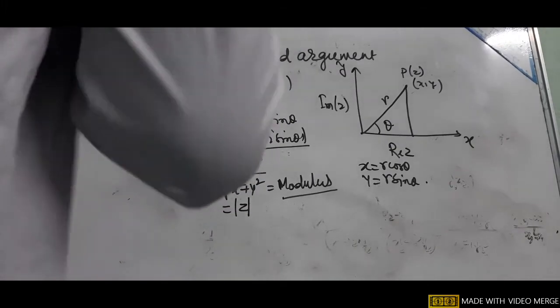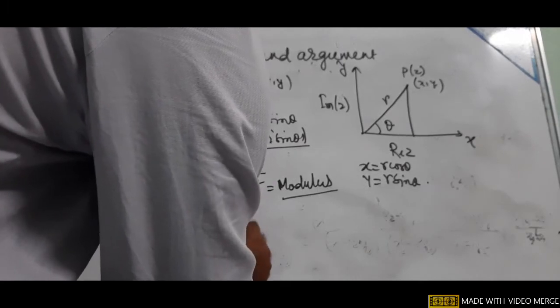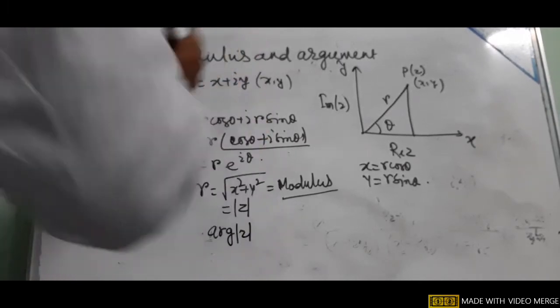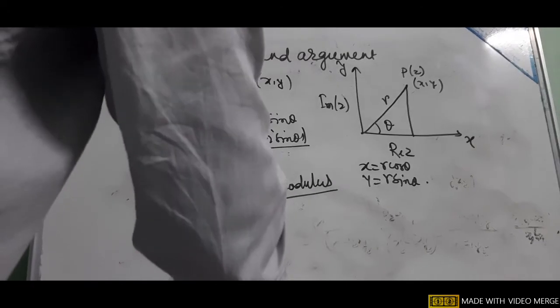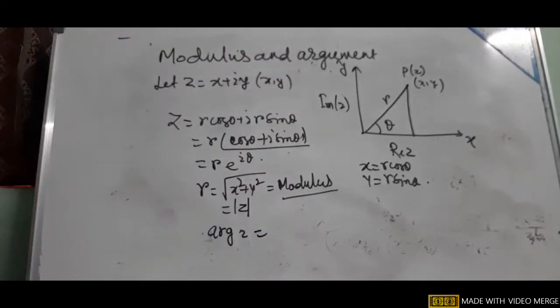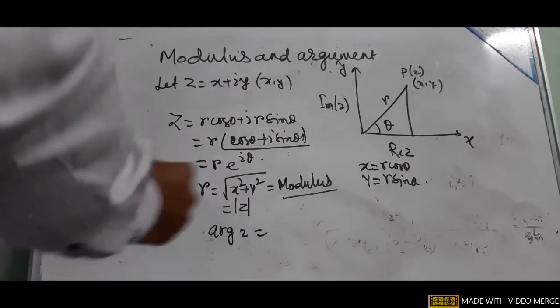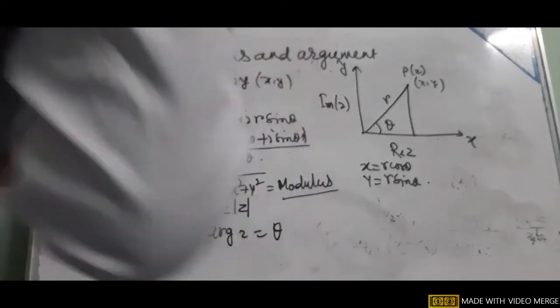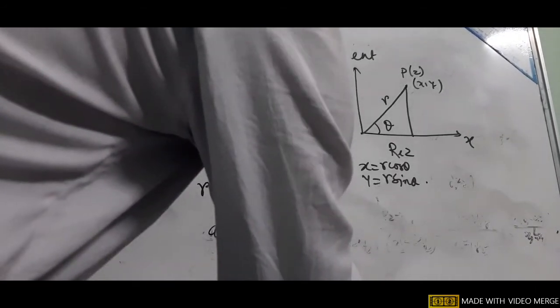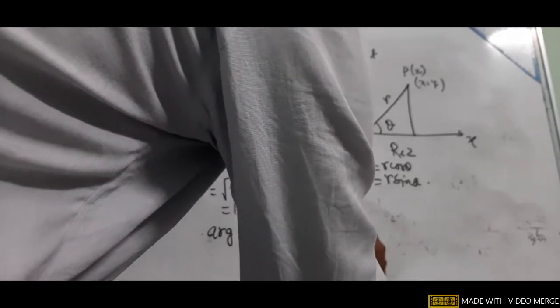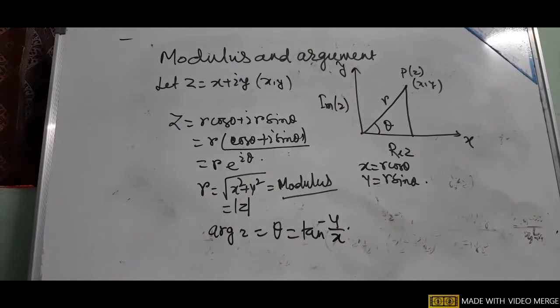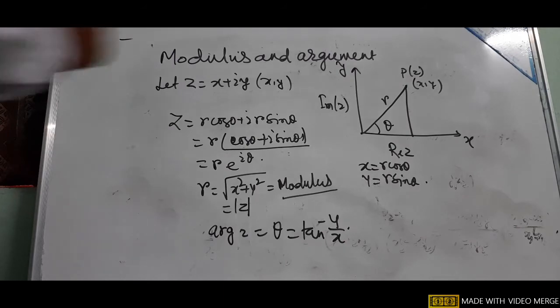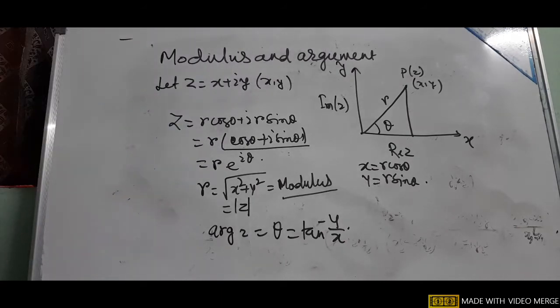And the argument is represented as arg z, or simply argument z, and it is represented by theta, where theta equals tan inverse y by x. This theta is the principal value of the argument, and it always lies between minus pi less than theta p less than or equal to pi.